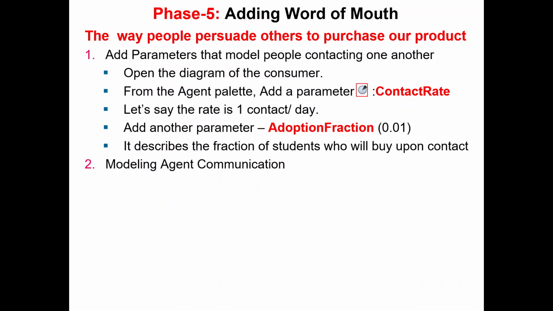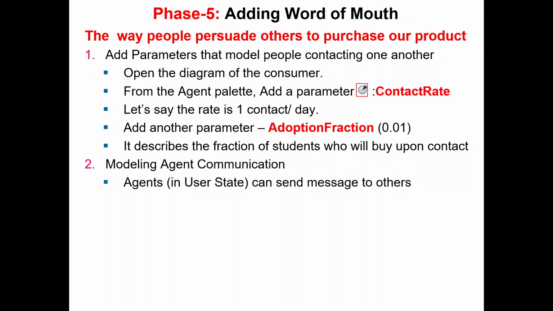Now a very important thing is establishing the communication between the agents, and for that we are going to define an internal transition. By that I mean that the agents which are in user state will communicate to the potential users without exiting their user state. That means they will still be users, but they will communicate with the potential users.